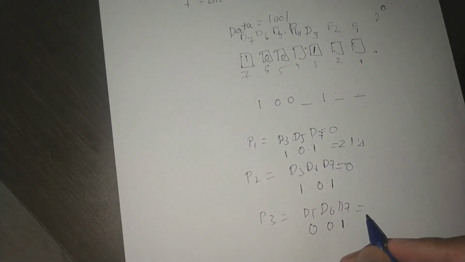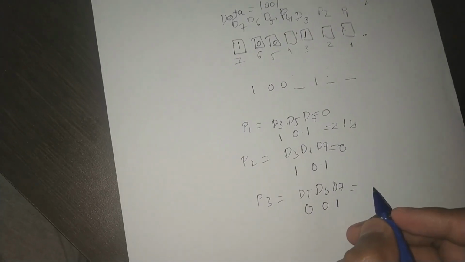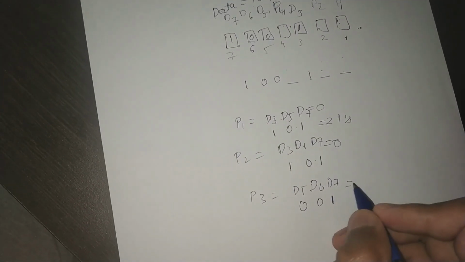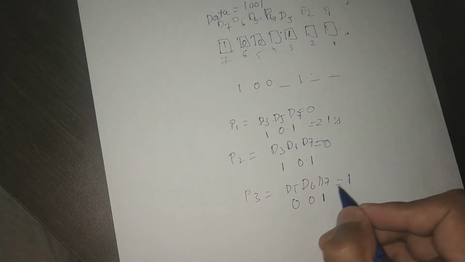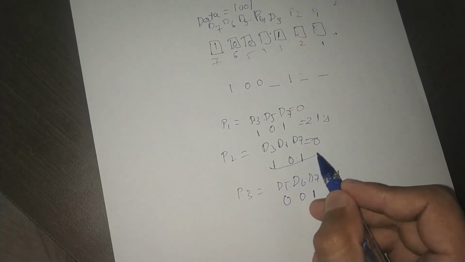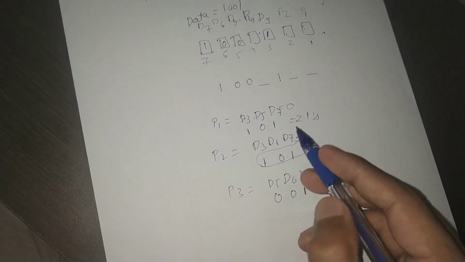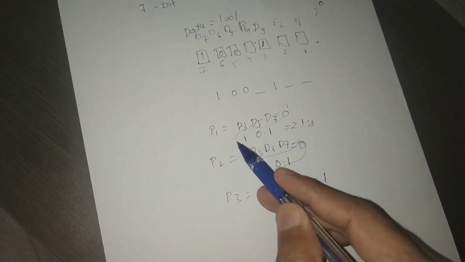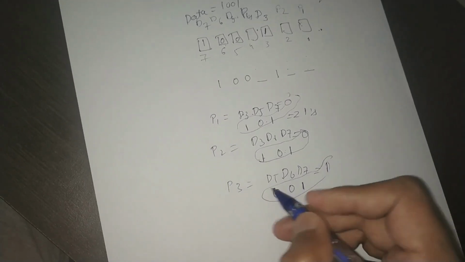You have to make an even number of ones, so you have to add another 1. So my P4 should be 1. Now these 4 bits have even ones, and here too they are even ones, and here too. That's how we find parity bits.